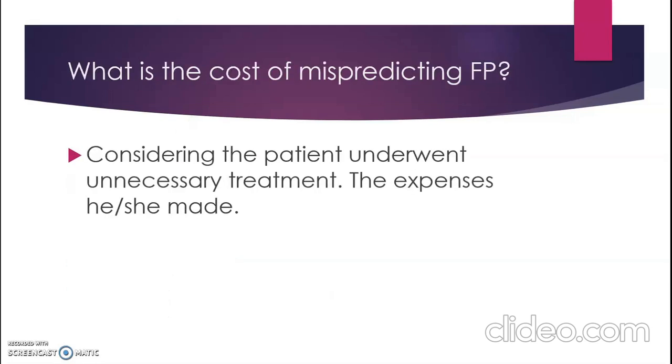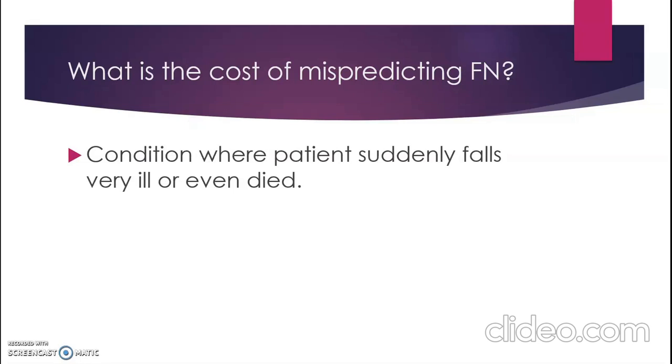So what is the cost of mispredicting a false positive, considering the patient underwent unnecessary treatment, and the expenses that he or she made? And what about the cost of mispredicting a false negative? The condition where the patient suddenly falls very ill or even dies.